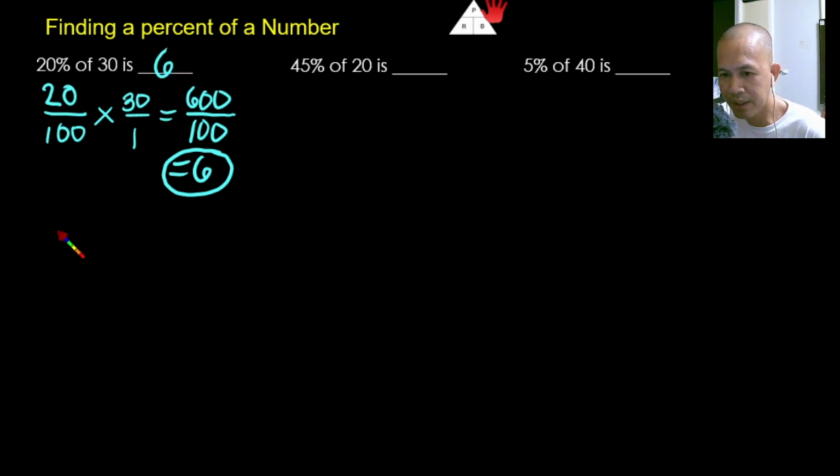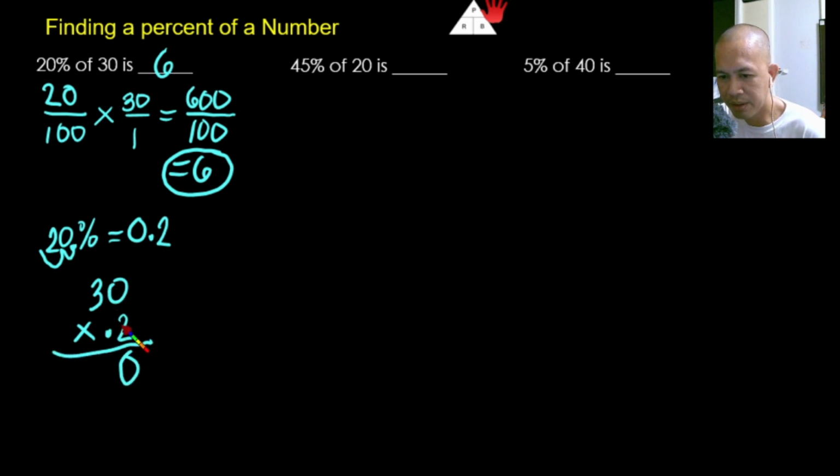The second way is by changing 20% into decimal. So we're going to move two places, going to the left, 1 and 2. So the 20% in decimals is 0.2. After that, we're going to multiply 30 by our decimal, which is 0.2. So 2 times 0 is 0, and 2 times 3 is 6.